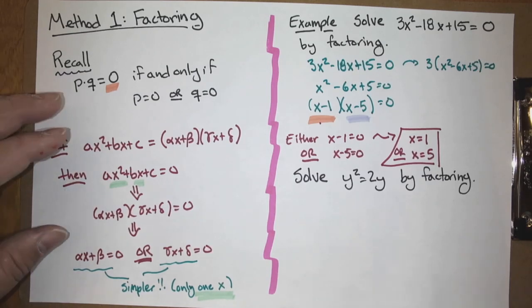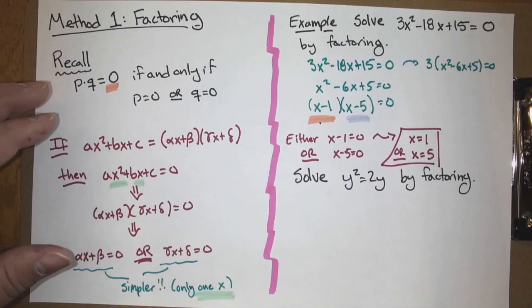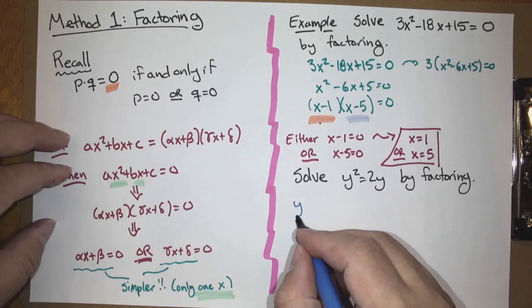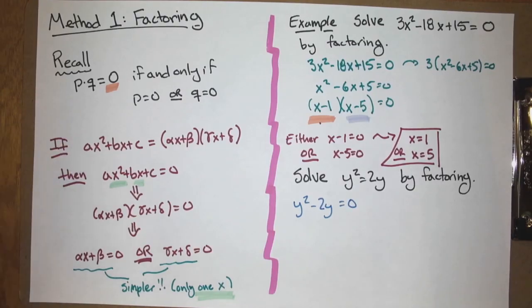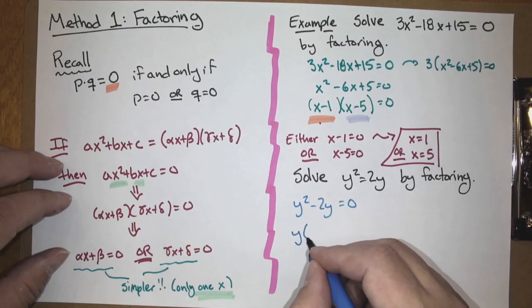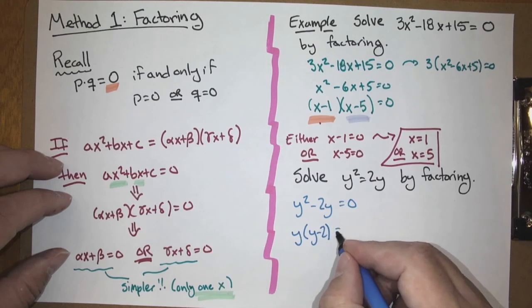Okay, we could move the 2y across. So in other words, let's rewrite it in our standard way. So we put y squared minus 2y equals 0. Does y squared minus 2y factor? Is there anything here that we can do? We can take out a y. They're common. y times y minus 2 equals 0.